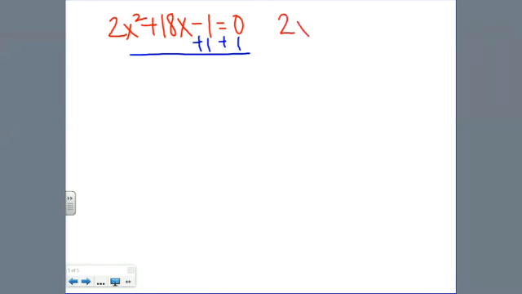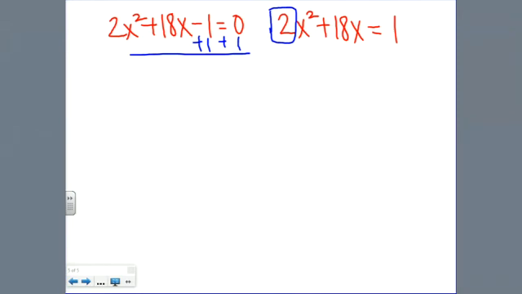So we have now 2x squared plus 18x equal to 1. Now, we can't complete the square just yet, because in order to complete the square, this leading coefficient must be a +1.